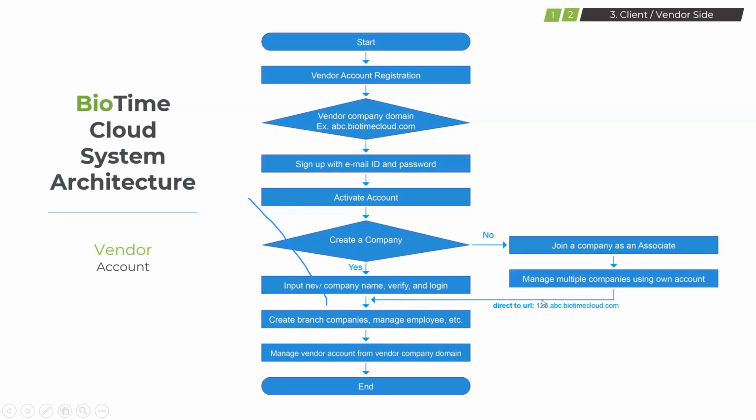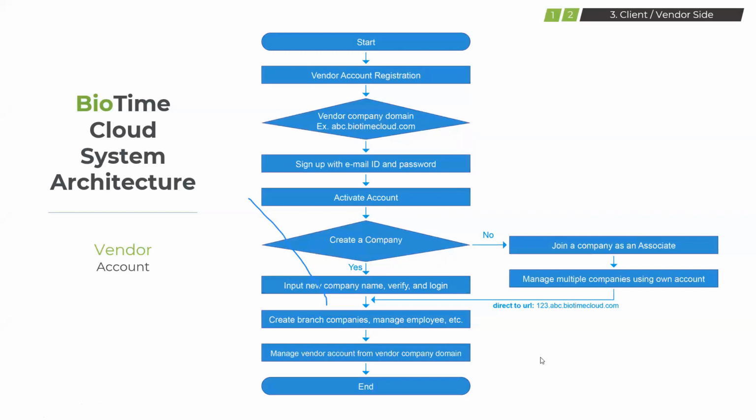Whenever a new end user registers under any company domain, the email link will be directed to a URL like this: the end user company dot vendor company and then biotimecloud.com. All these steps we will detail in the next slide.